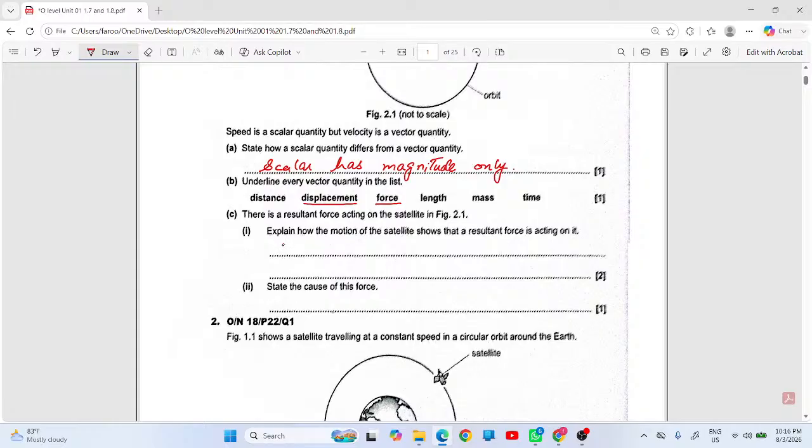Here we write: the direction of velocity is changing. That produces the acceleration.